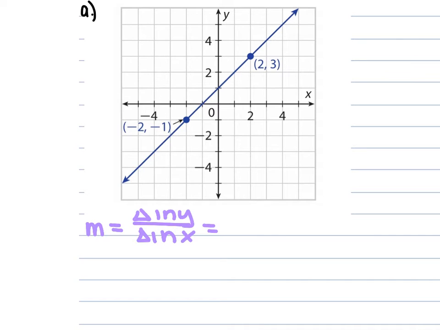So your y values, you can start with negative 1 minus 3. And then because you got the negative 1 first, you're going to use the x value from that point first as well. So that's negative 2 minus 2. Negative 1 minus 3 is negative 4. And negative 2 minus 2 is negative 4. These are both positive now, and this becomes 1.